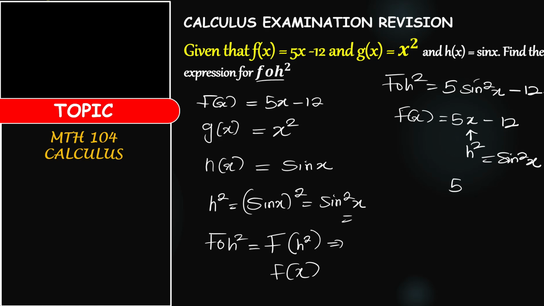So it becomes 5 sine squared x minus 12. And that is option B in the past question that will be given to you. So you should take note of this question. Option B is the correct answer here, but you should be careful so as not to choose the wrong option. It may be option C in the exams, it may be option D, maybe option A.